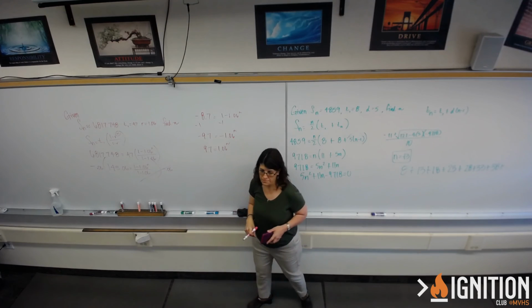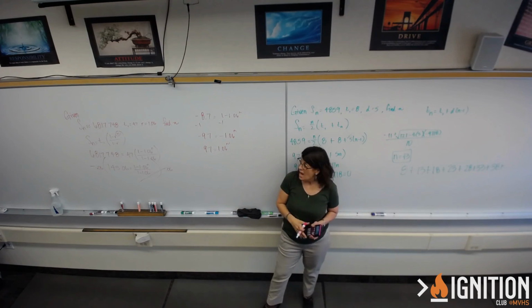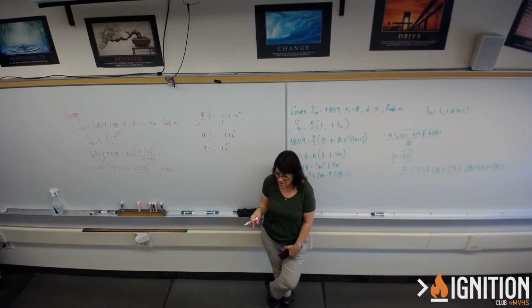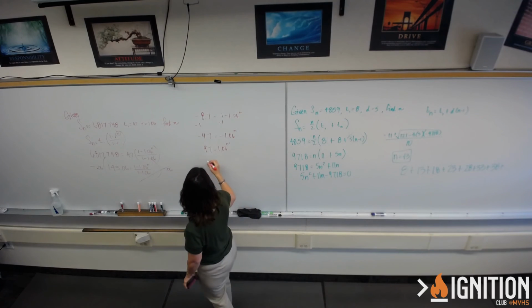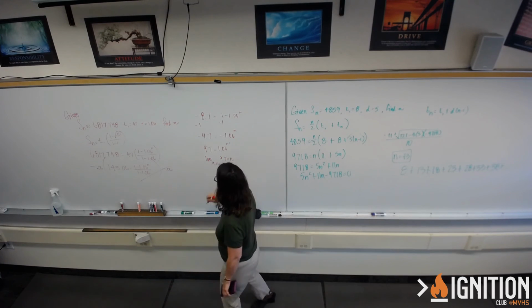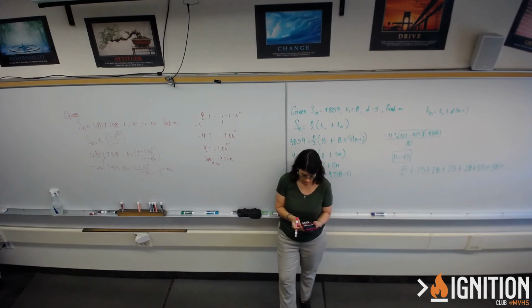Here are your logs. Up till here, it's really just a bunch of algebra: dividing both sides, multiplying, etc. What's the base? Yeah, 1.06. So this is going to be the log base 1.06 of 9.7 equals n.